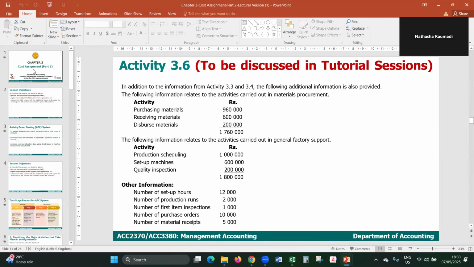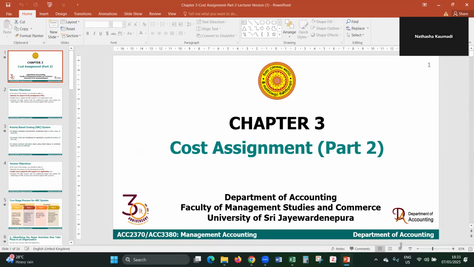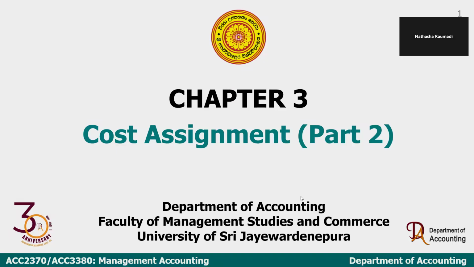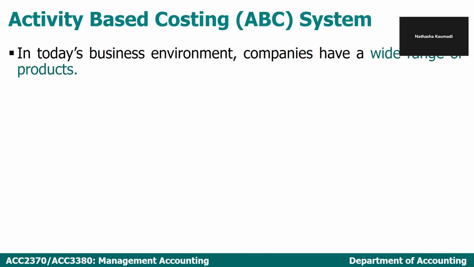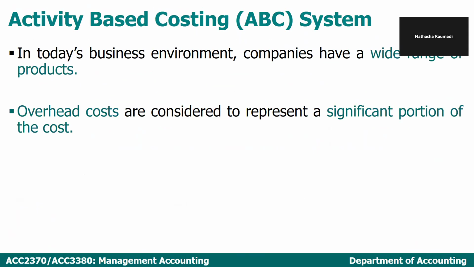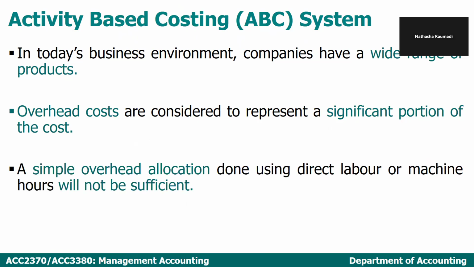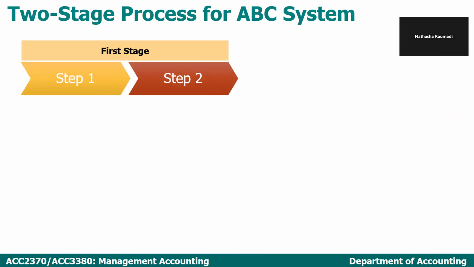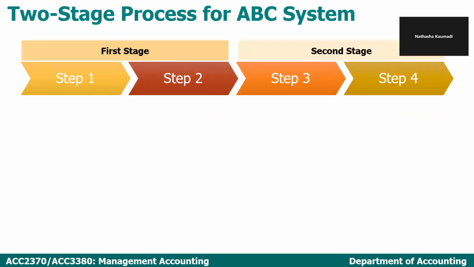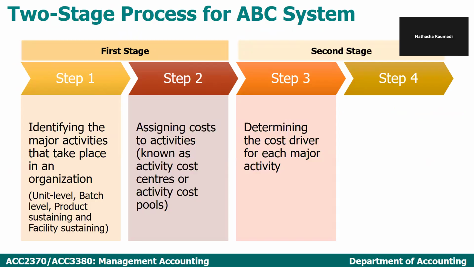Now, if you open part 2, cost assignment part 2, we are discussing the activity-based costing method in this slide. One way of allocating the overhead cost is using the traditional absorption costing method. That's what we discussed so far. Another method we can use is activity-based costing, the ABC method.